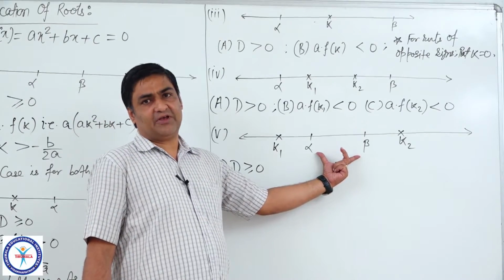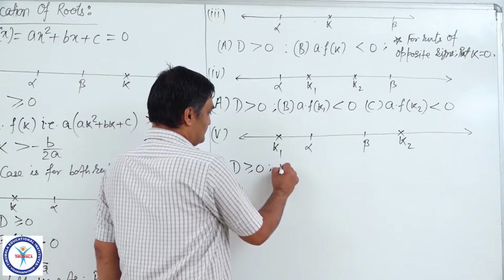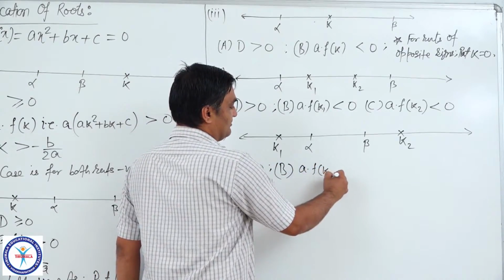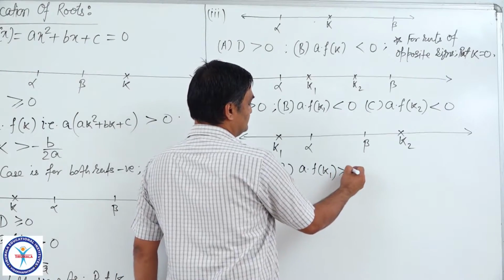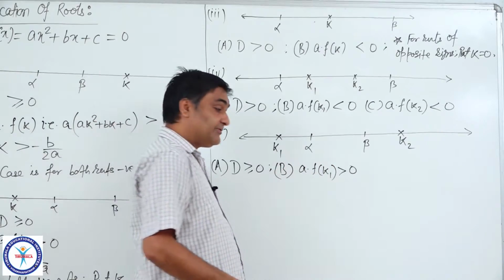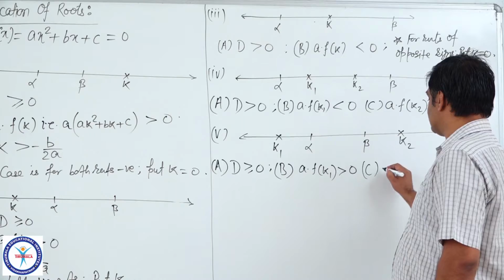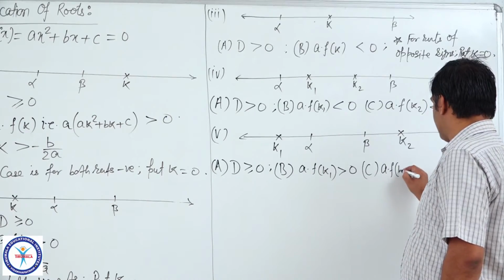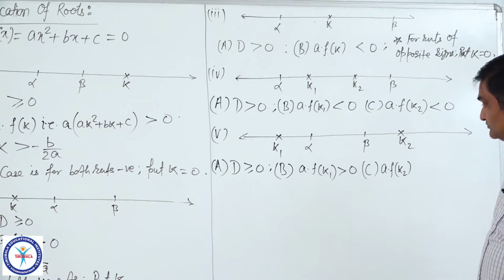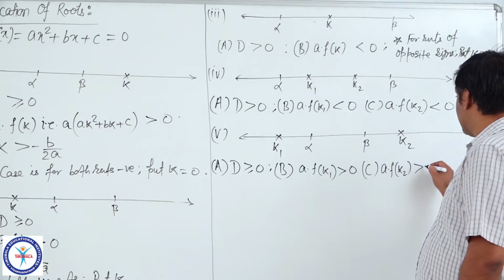Both roots can be the same between k1 and k2. What is A into f of k1? k1 and k2 are outside the roots. Sign will be same as A. A into f of k2 greater than 0.